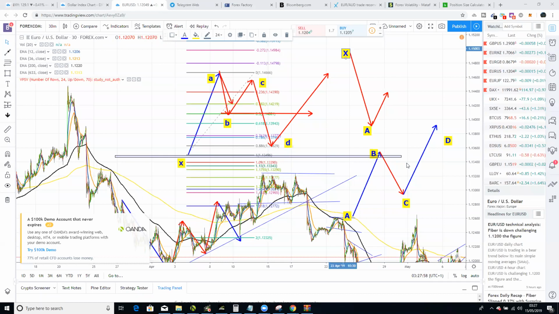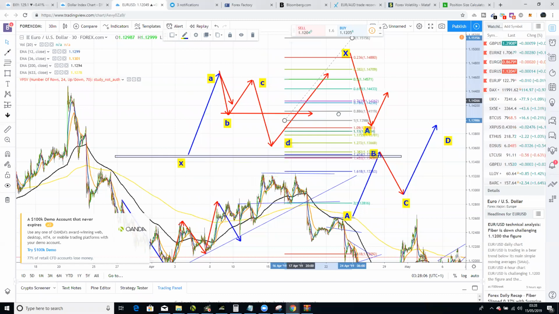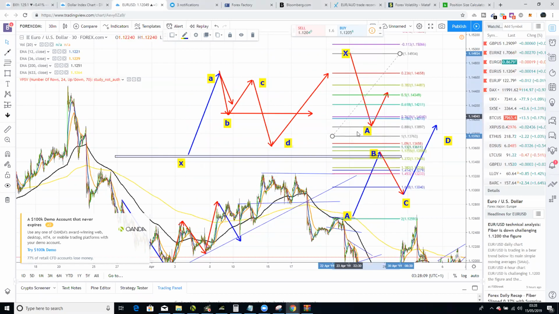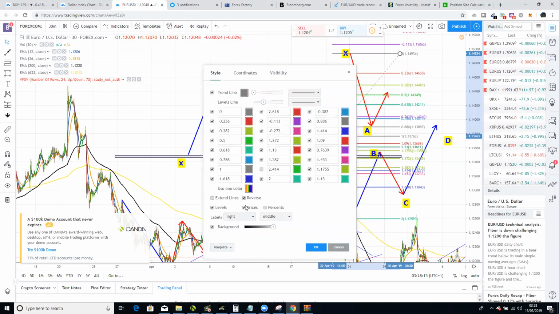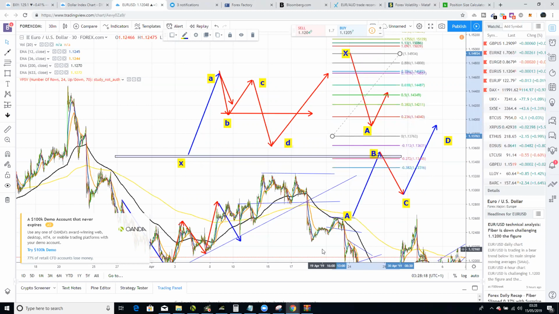All right. So now that we know that we are looking for 50%, what we will then do is shift our Fibonacci on top of this, and then obviously we can reverse it back. Okay, and price is exactly at 50% in this case. Right.